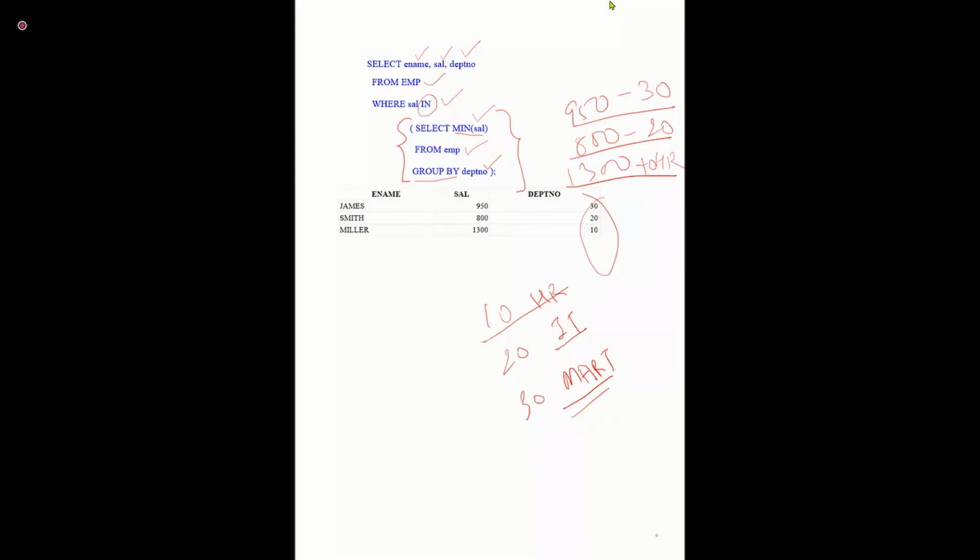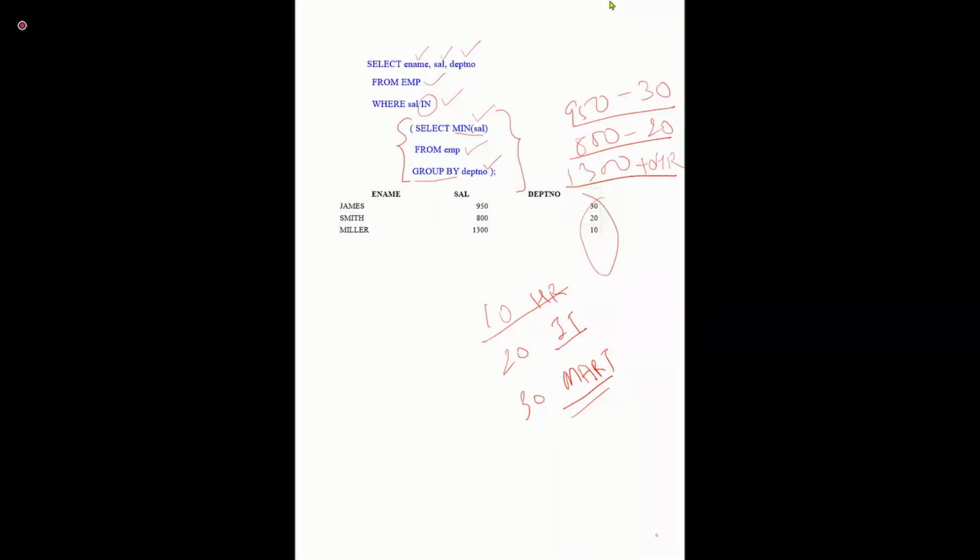A nested subquery uses the bottom up approach, that is the inner query is executed first and then the outer query. In a correlated subquery, the outer query is executed first and then the inner query. Understood the difference? This difference is asked in placements. Which are the different types of subquery? Nested subquery and correlated subquery.